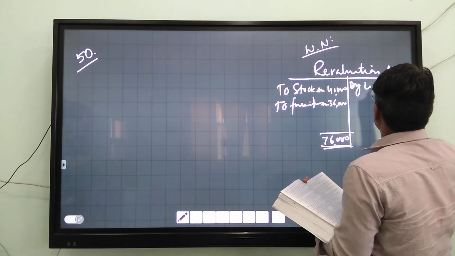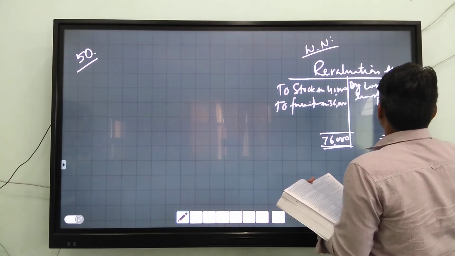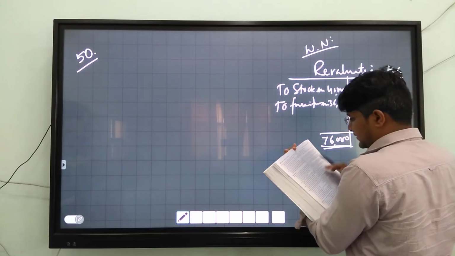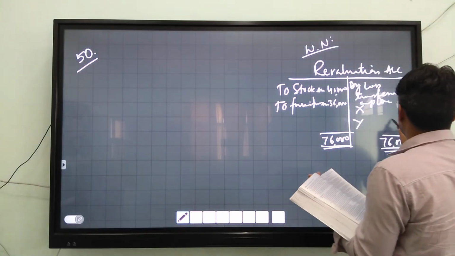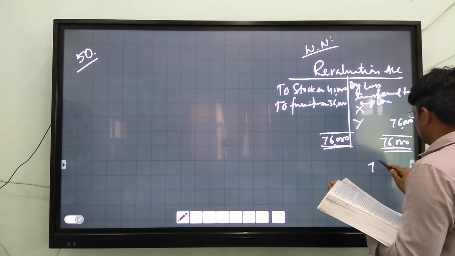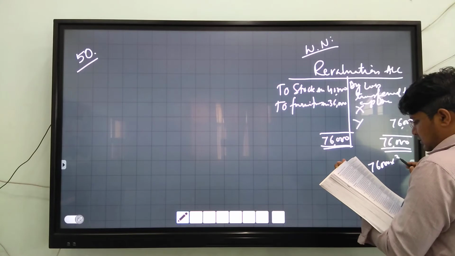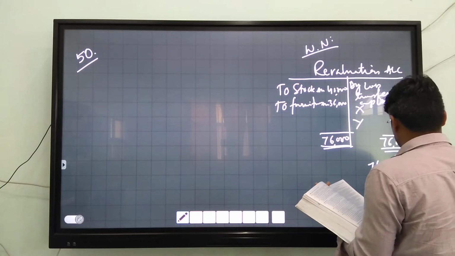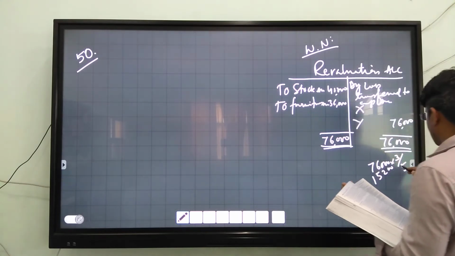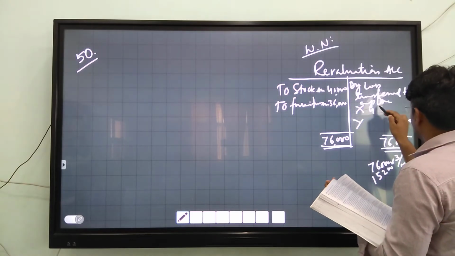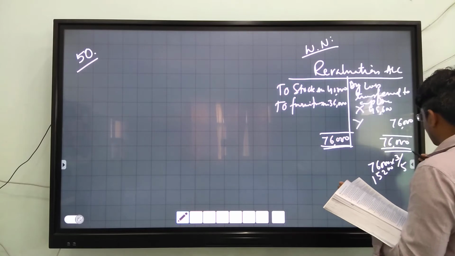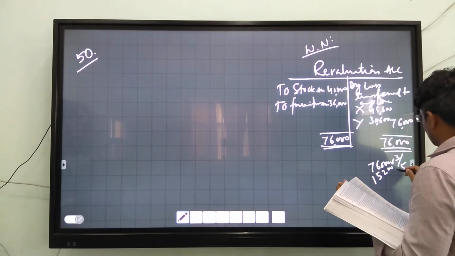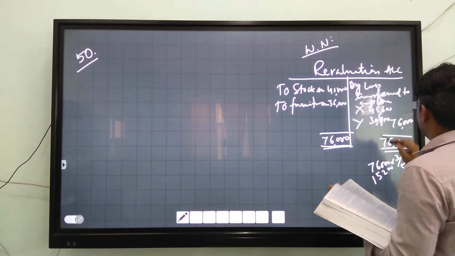We have to write by loss transferred to capital accounts of X and Y in the ratio 3:2. 76,000 divided gives 45,600 and 30,400.